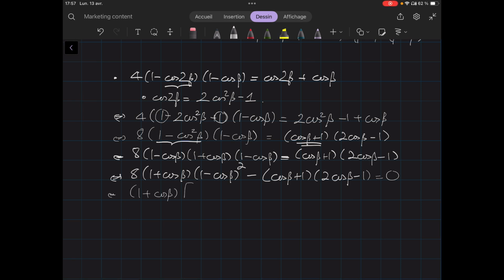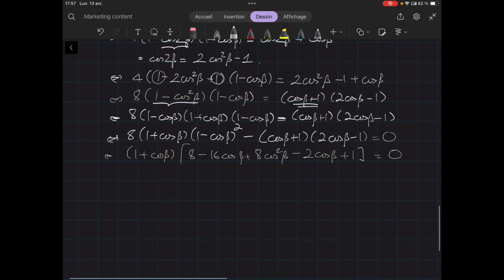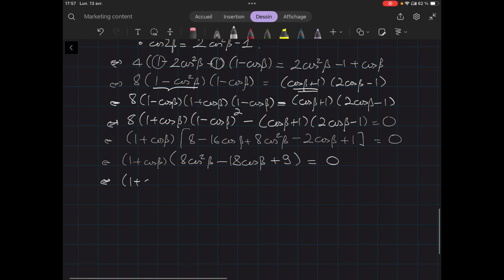Factorizing this out, you're left with 8 minus 16 cos beta plus 8 cos squared beta minus 2 cos beta plus 1 equals 0. Et voila.